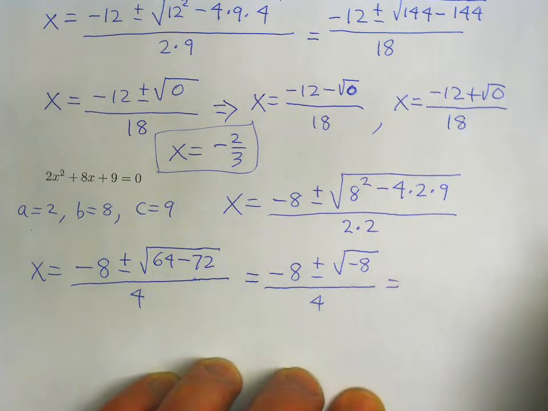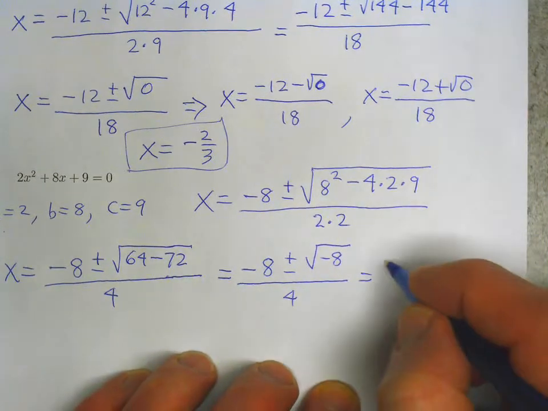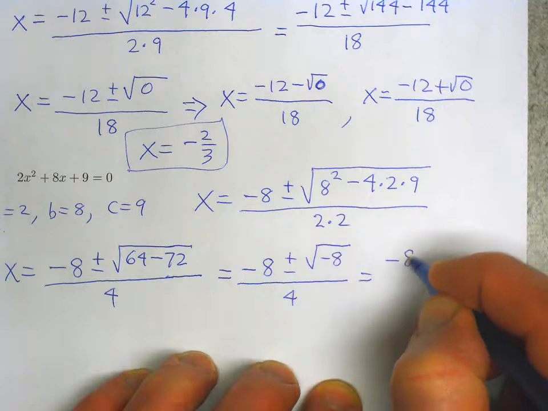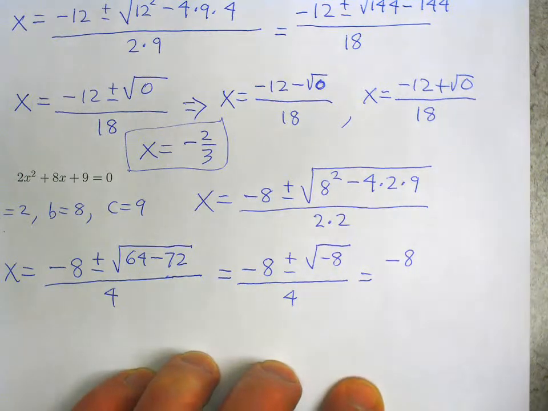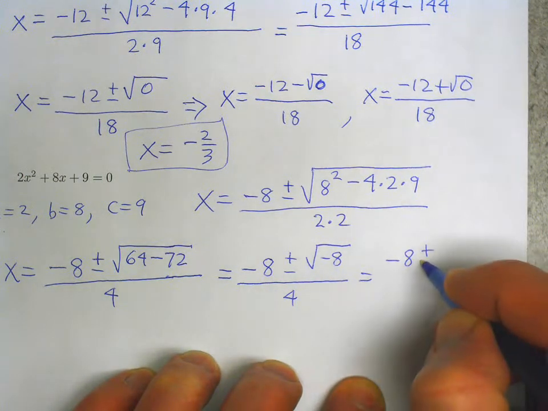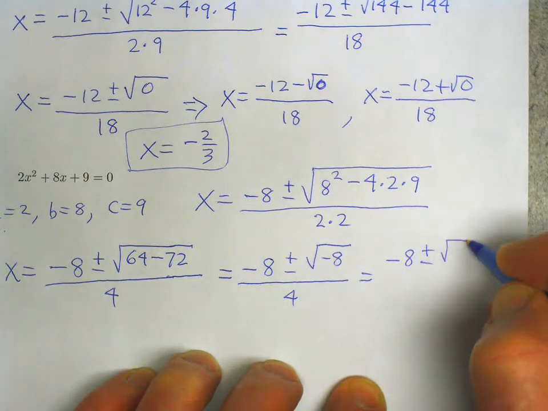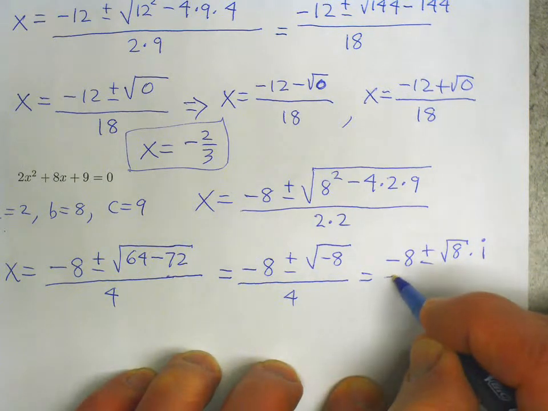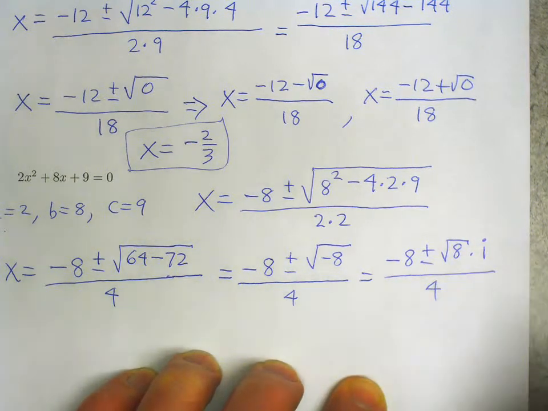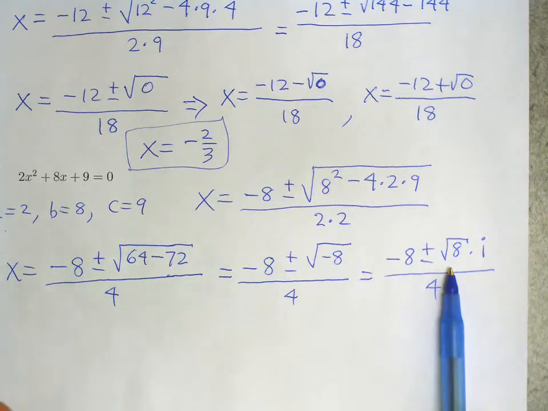So I'll write part of that down, not the simplified solution yet, but a partial simplification. So in the numerator, negative 8 plus and minus the square root of 8 times i, all divided by 4. And then simplify the square root of 8.